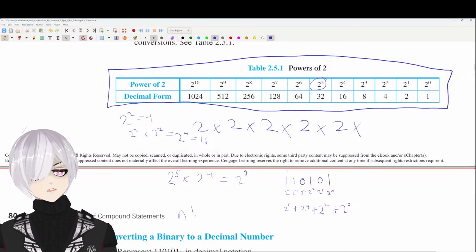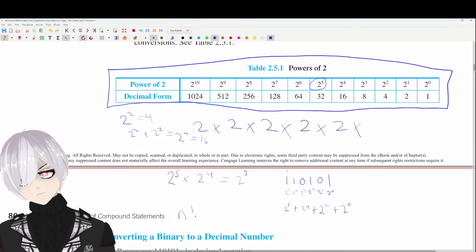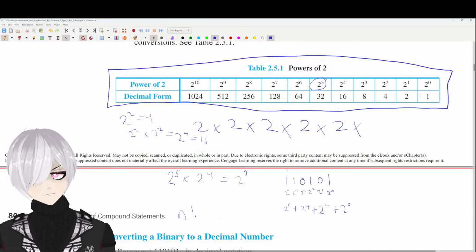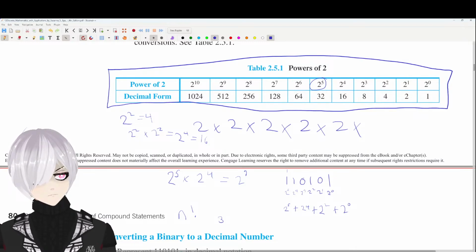I'm not really that familiar with how it works, but you could do something like factor out the 2, like you know that 2 to the 5th plus 2 to the 4th plus 2 squared equals 2 squared times 2 cubed plus 2 squared times 1. I don't know if that would help necessarily though. It might be easier to just know what 2 to the 5th is and add the numbers.